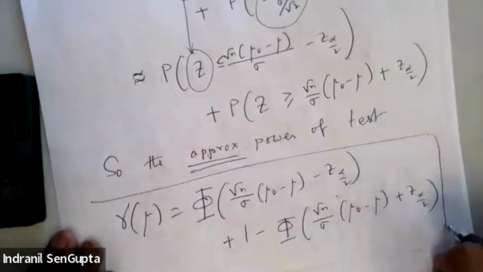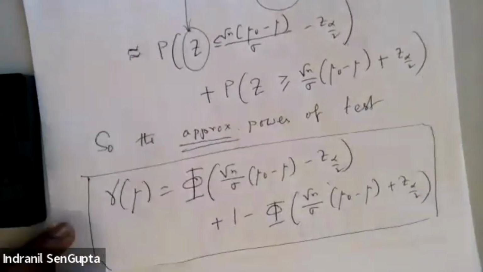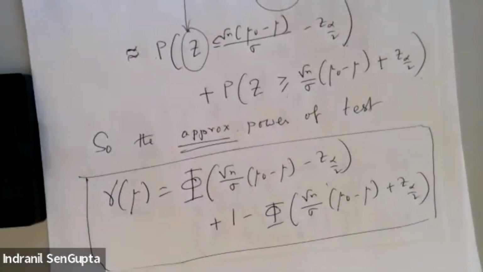Done. This is the approximate power of the test. This is important for testing a two-sided hypothesis.